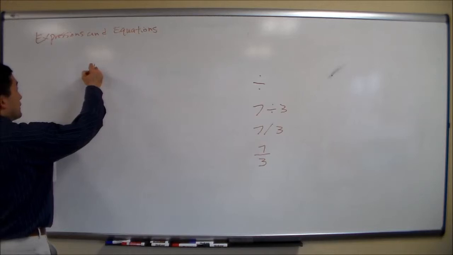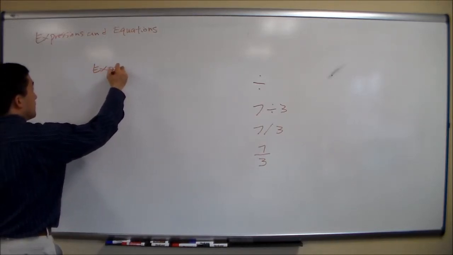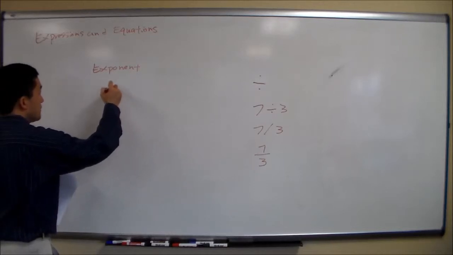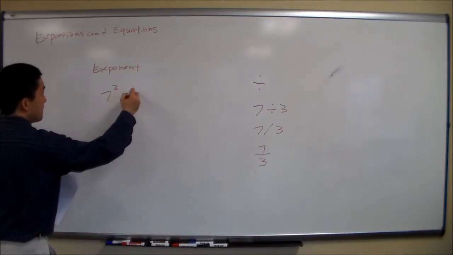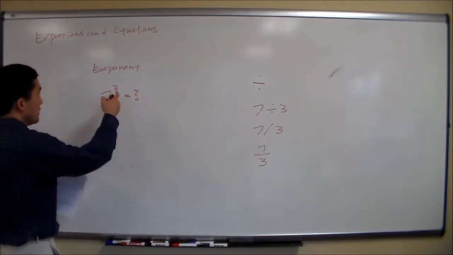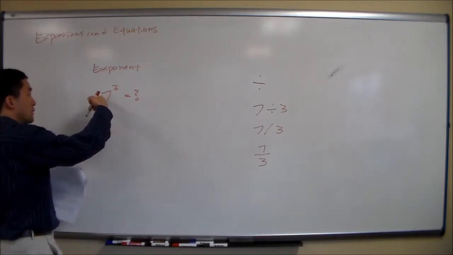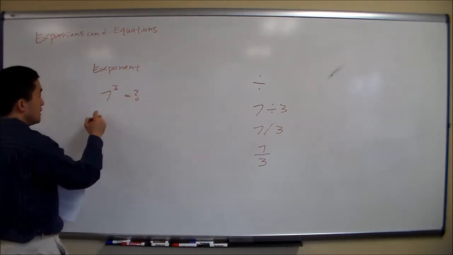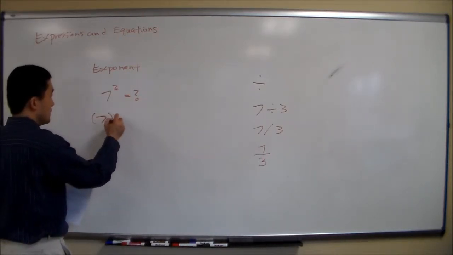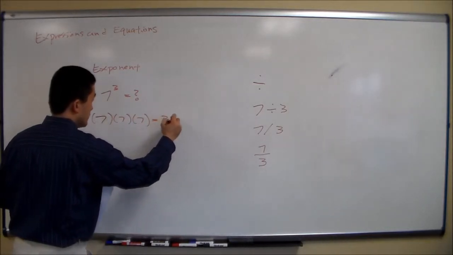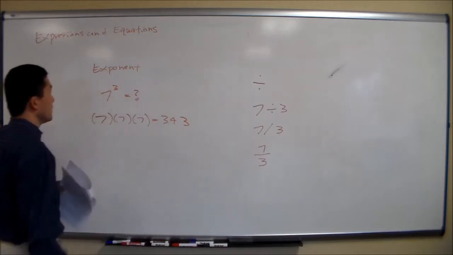Another thing you need to know is exponent. Say you have something like this. What does this mean? Well, this means multiply the base, the big number, by however many times the small number says. So this means 7 times 7 times 7, which is 343.